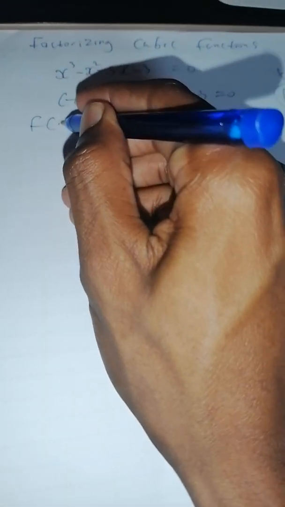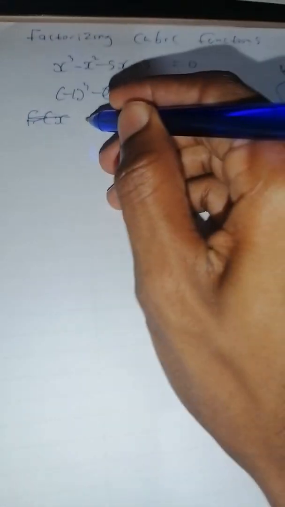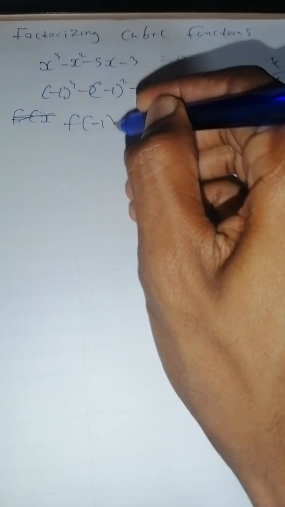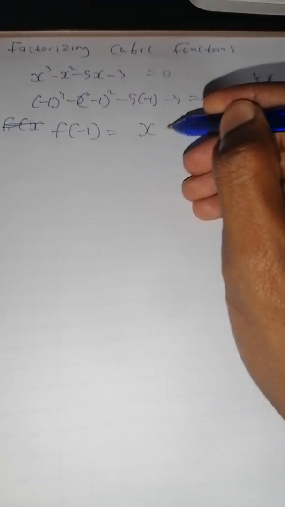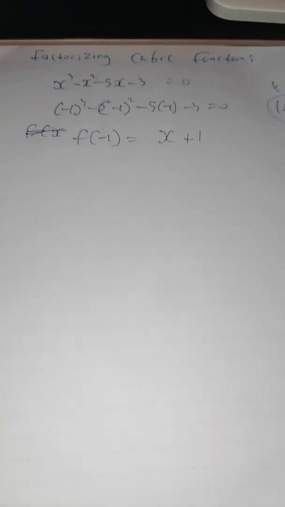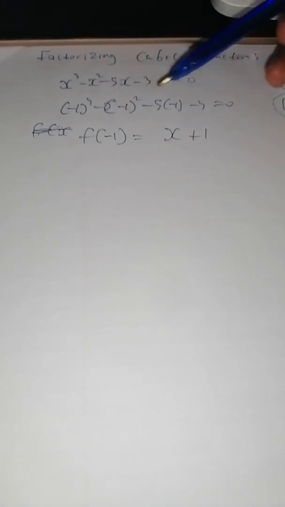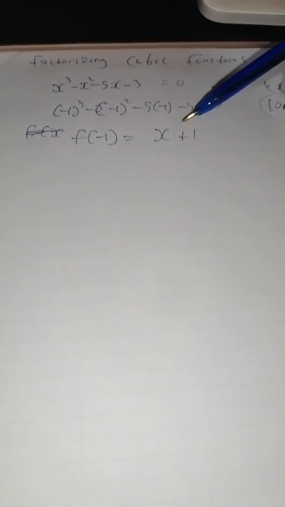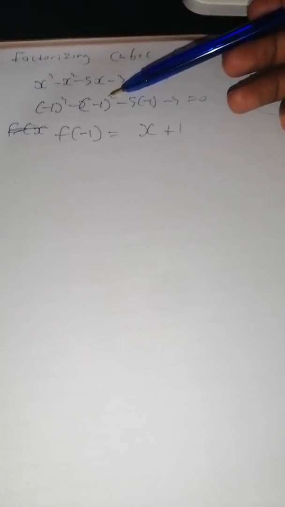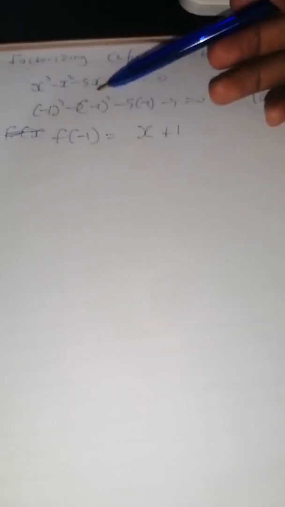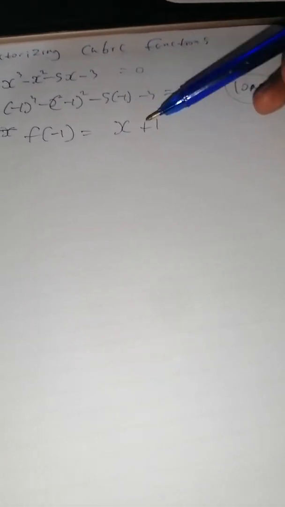Now that we used x = -1, you have to express it as x plus 1 instead. If we used 1, then we would say f(x) is x minus 1. It's just vice versa: if you use -1, it is +1; if you use 1, it is -1.